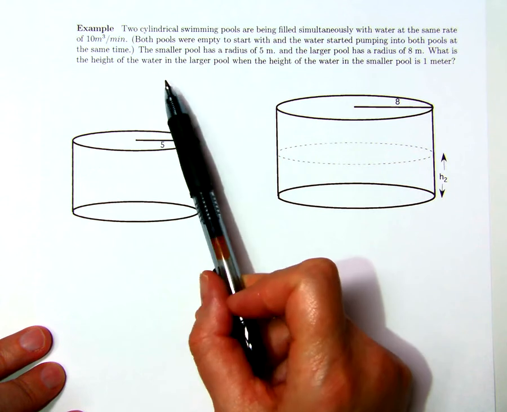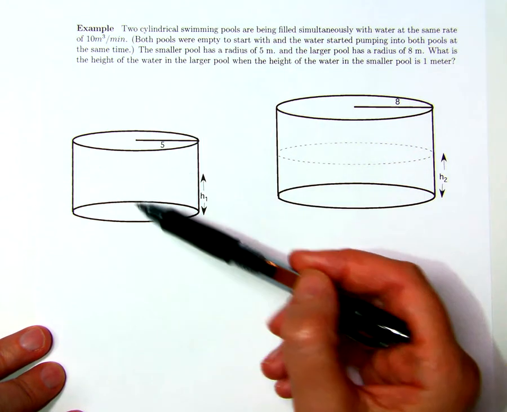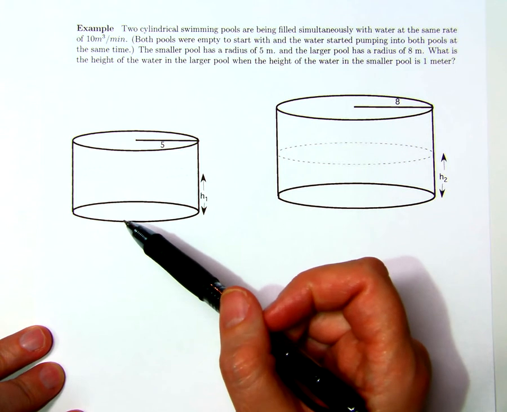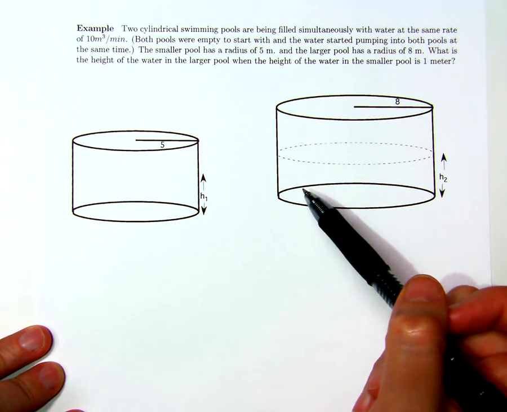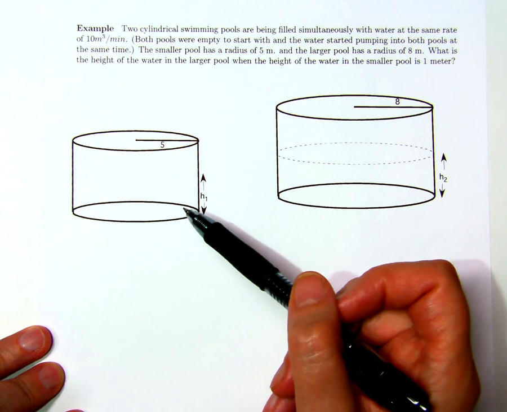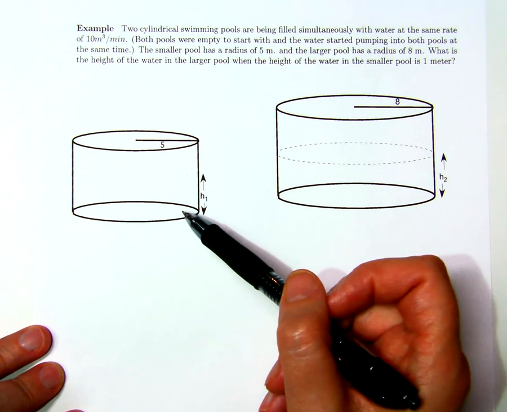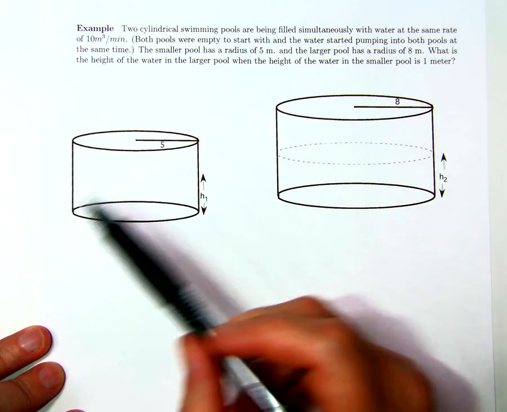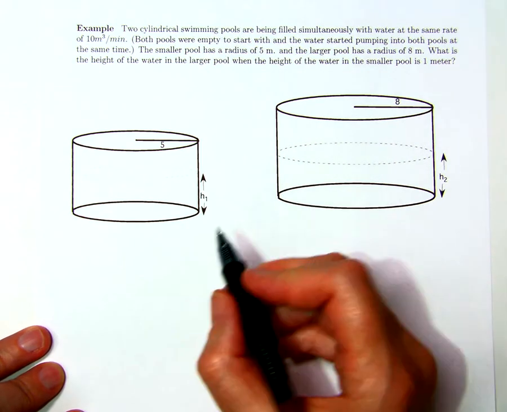So that tells us that the volume of water in each pool is going to be the same, because both started empty, water is being pumped in at the same rate, and the pumping started at the same time for both pools.